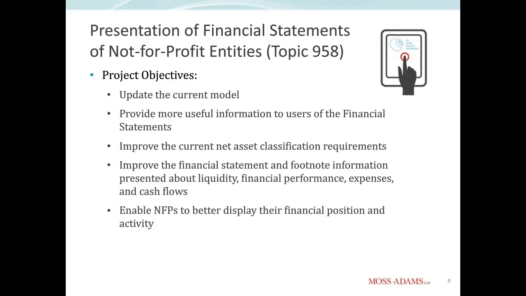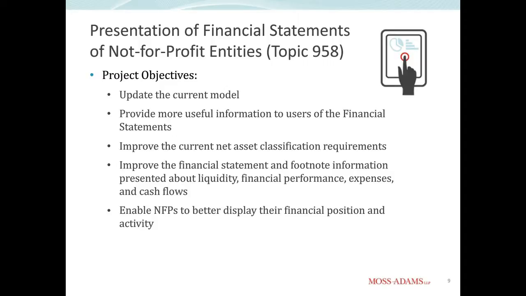However, there's been a lot of concerns about the complexity in the use of the three classifications of the net assets, so your unrestricted net assets, temporarily restricted, and permanently restricted net assets, as well as deficiencies in the transparency and the utility of the information in assessing an organization's liquidity.